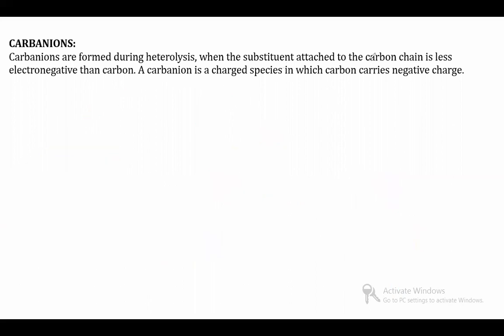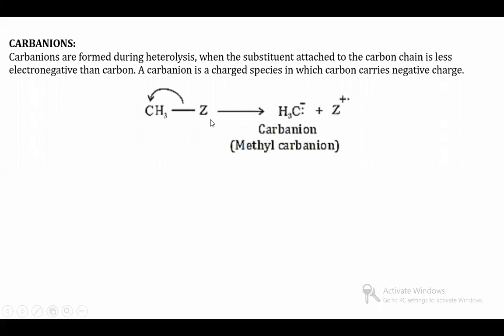Now we'll see the structure of the carbanion. For example, CH3Z, methyl with some other group attached. The group is an electron donating group, not an electron withdrawing group. Why do we call it an electron withdrawing or electron donating group?